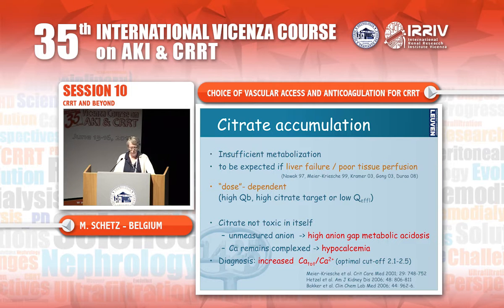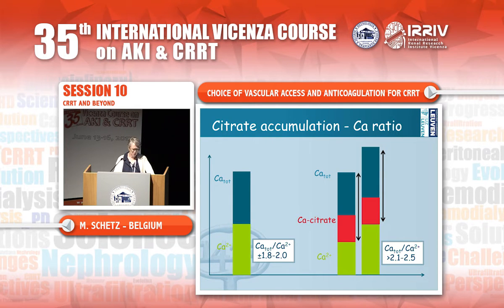The best way to detect citrate accumulation is to look at the ratio of the total to ionized calcium. Because in normal circumstances, the ionized calcium is about 50%, so the ratio will be between 1.8 and 2. If the citrate is not metabolized, ionized calcium will decrease and the ratio will increase.